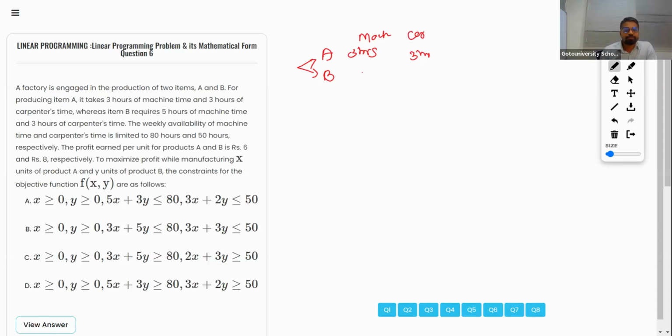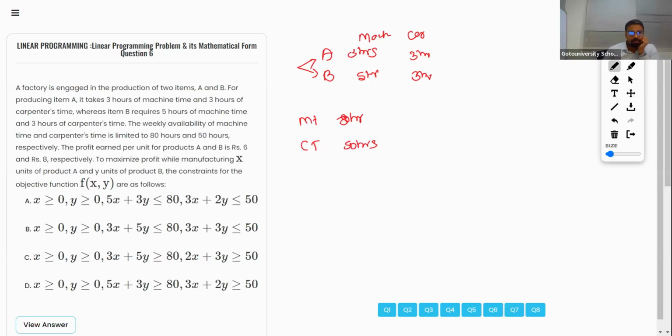The weekly availability of machine time is 80 hours, whereas carpenter time is how much? 50 hours.